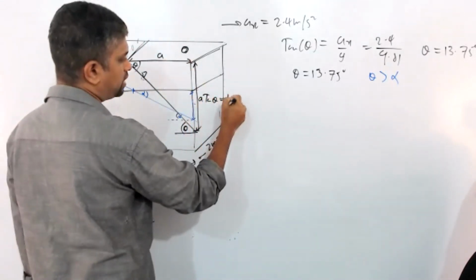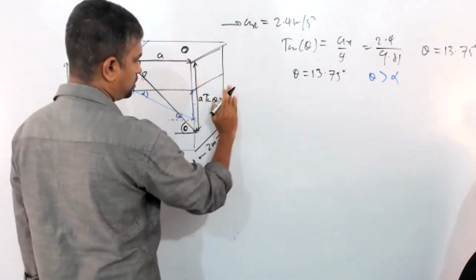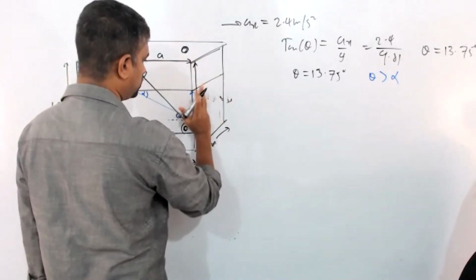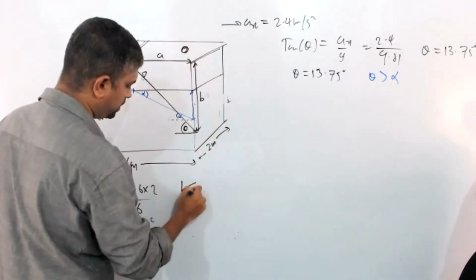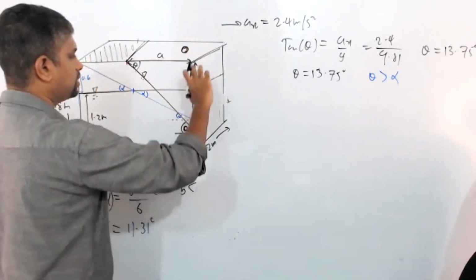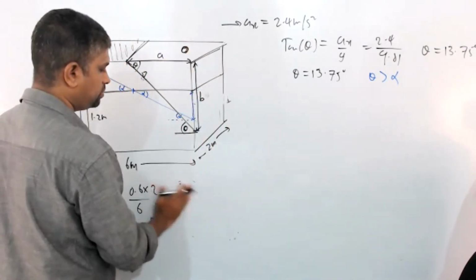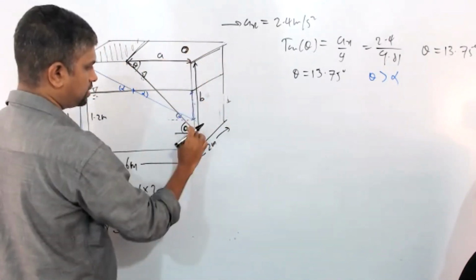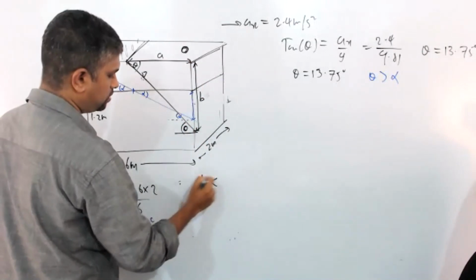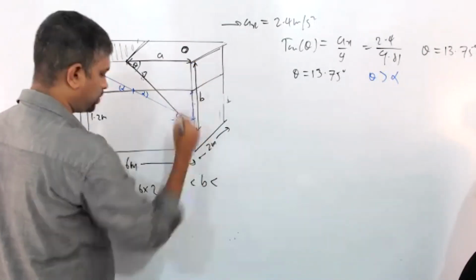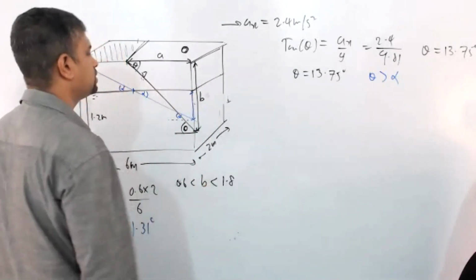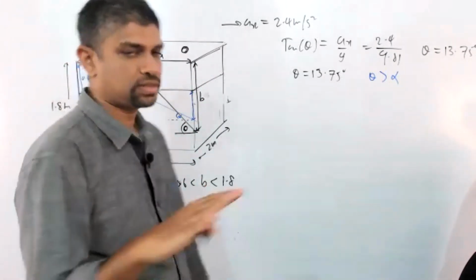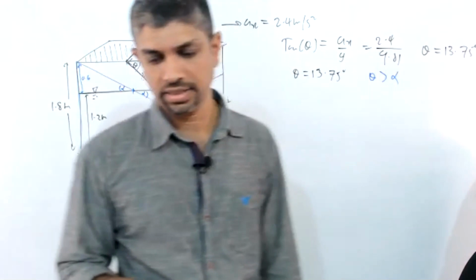Let's call this B. So B must be less than 1.8, and B is in between 0.6 and 1.8, right? Otherwise this is not practical. There can be another case.